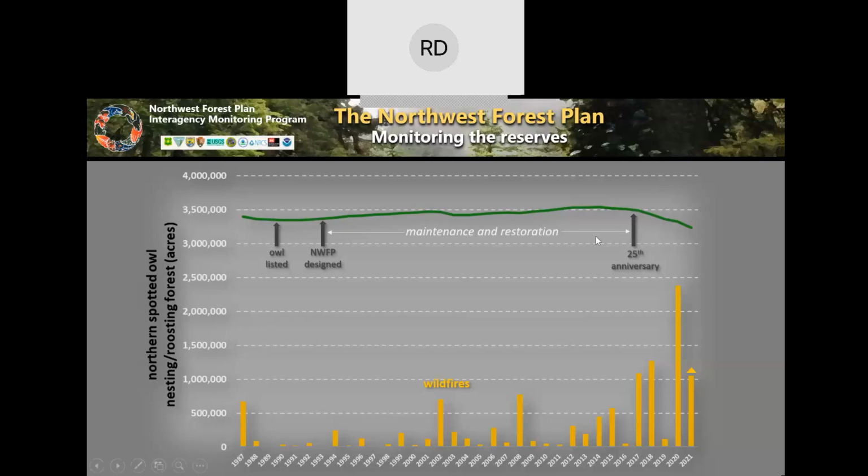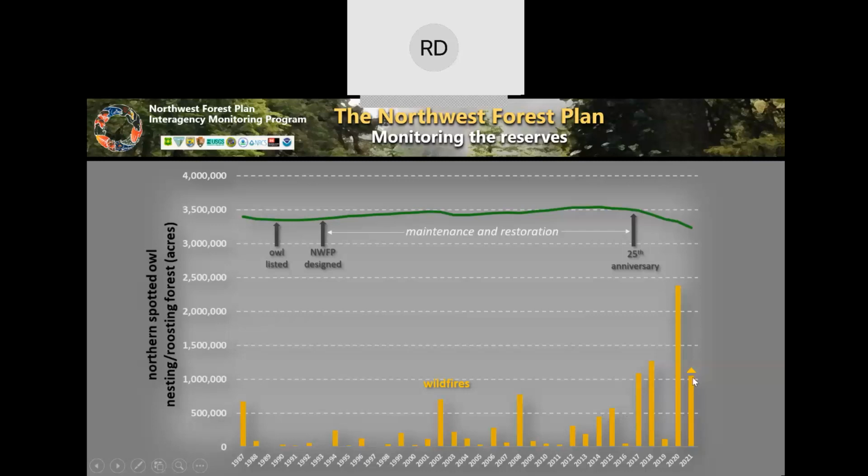So at the 25th anniversary, everything was looking good, but after the 25th anniversary, we see this declining trend over here. That is a result of, on the bottom here, you see the occurrence of large wildfires. And so you can see here in the last few years, we've had a lot of big wildfire seasons. And then this year, we have another one, and it's still burning.